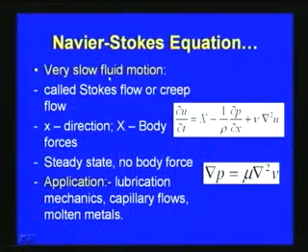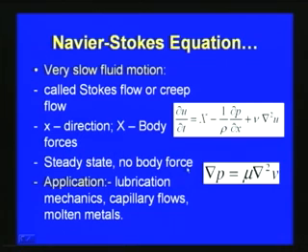And then, as we have already seen, for very slow fluid motion called Stokes flow or creep flow, in the case of unsteady or transient condition, we can write the equation as del U by del t equals X minus 1 by rho del P by del x plus nu del square U. This is the equation in the x direction, where capital X is the body force.